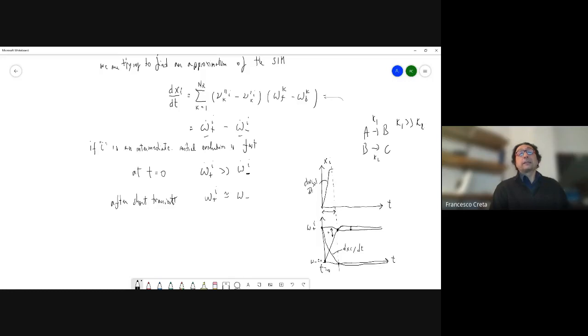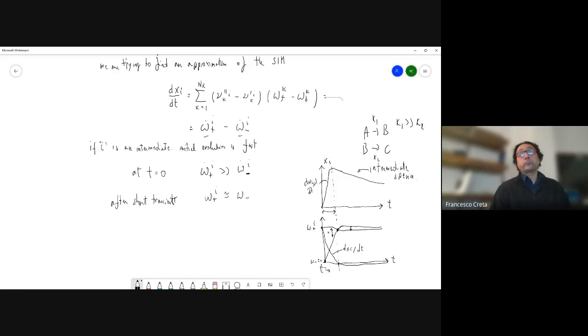So what does that mean? It means essentially that the species will evolve. In this particular case, you see the dx by dt is negative, but it's very small. So it will decrease, but it will decrease very slowly, like this. This is the typical situation that happens for, remember, intermediate species.